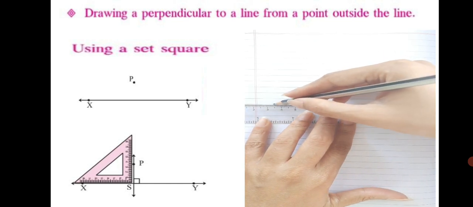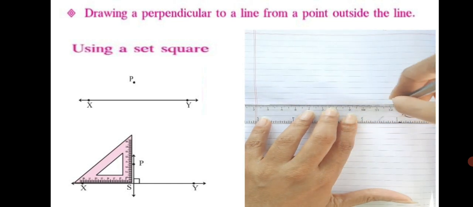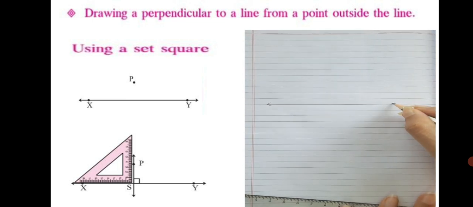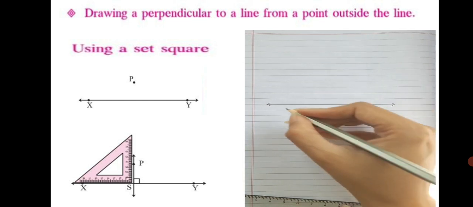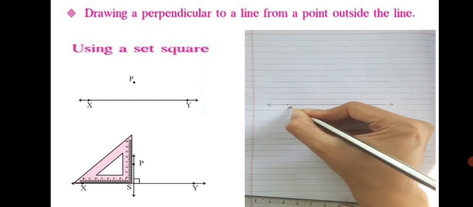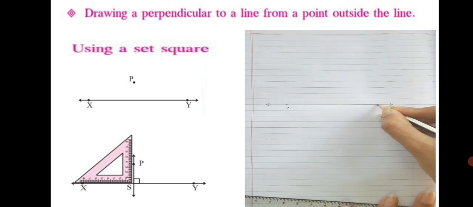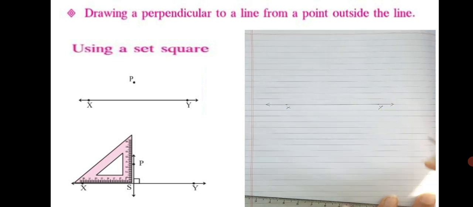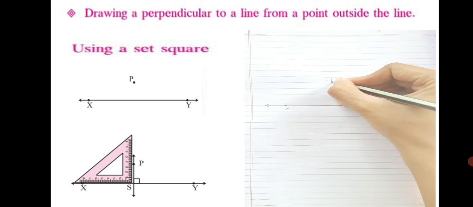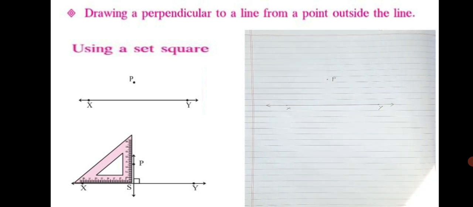So draw one straight line, and once you have drawn the line, don't forget to mark the arrows on both the ends to indicate that it is a line. Now name the line X, Y. So draw line XY and now take point P anywhere outside XY.